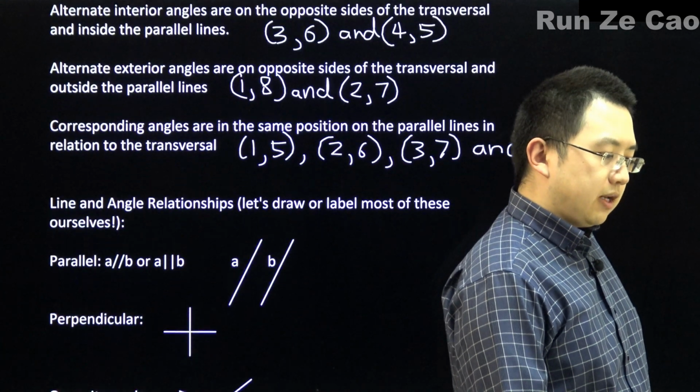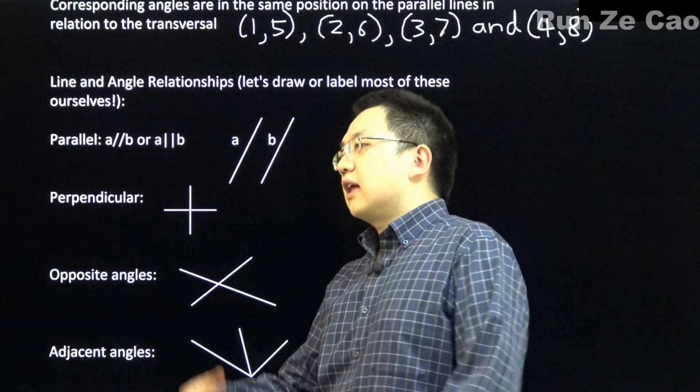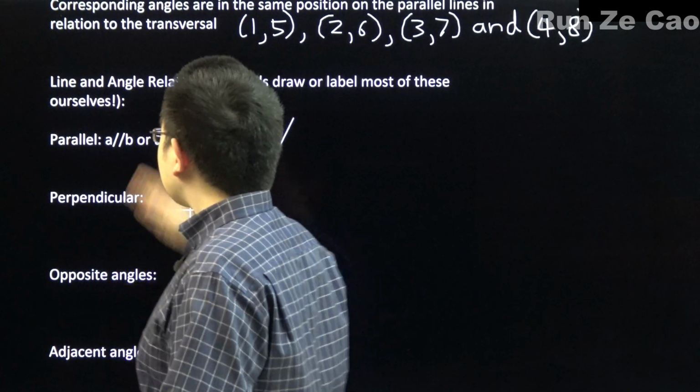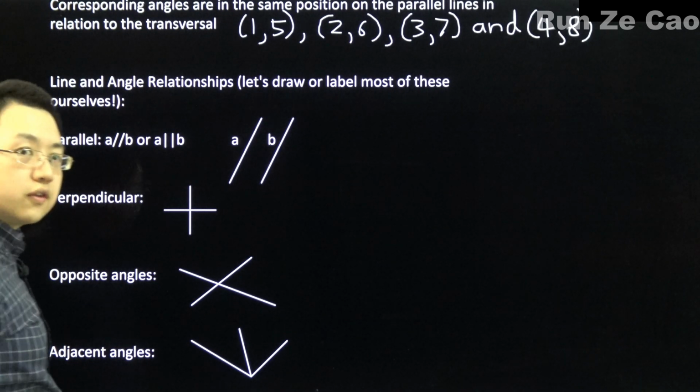Now let's talk a bit about line and angle relationships in general, besides the two parallel lines being crossed by a transverse situation, which you'll have to deal with quite a lot. So let's draw or label most of these ourselves.